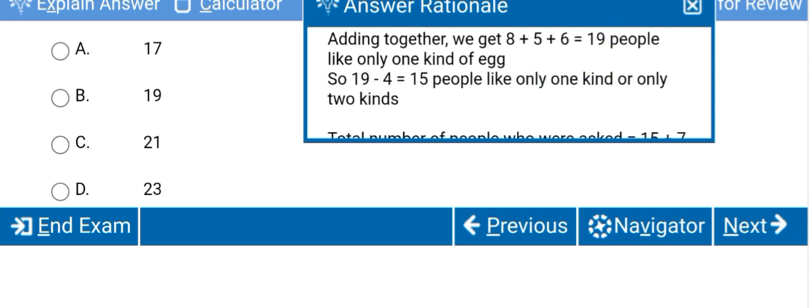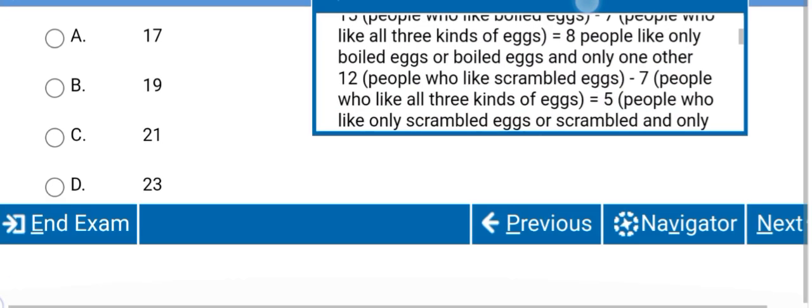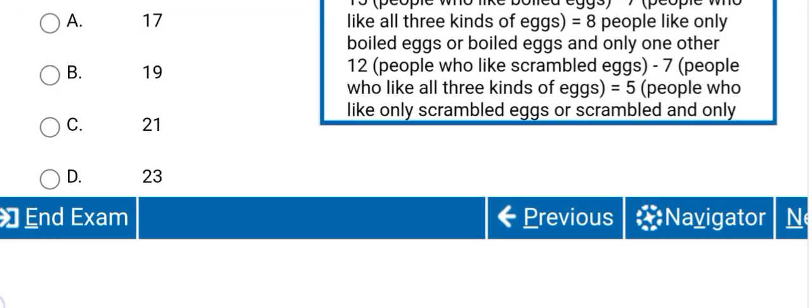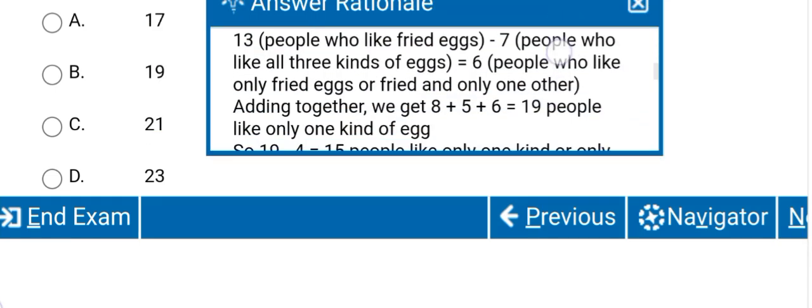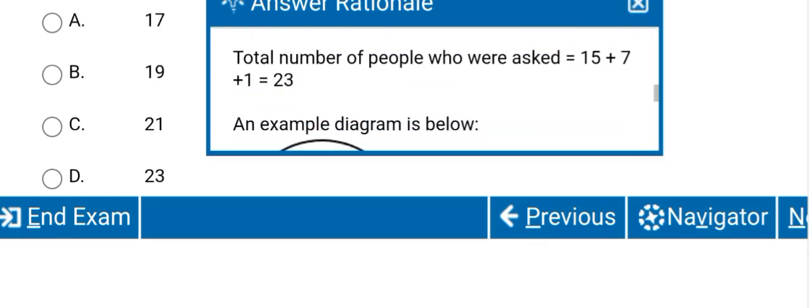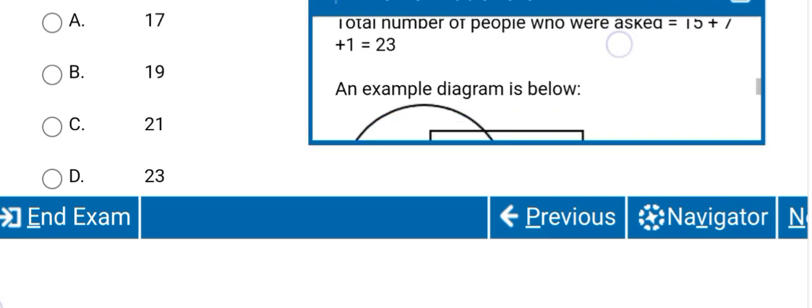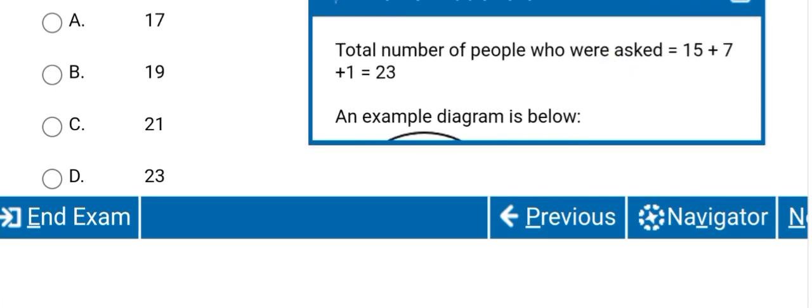So 19 minus 4 equals 15 people like only one kind or only two kinds. So the total number of people who were asked equals 15 plus 7 plus 1 equals 23.